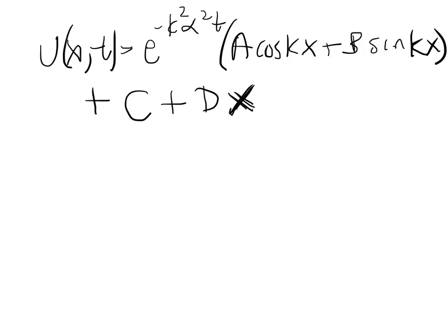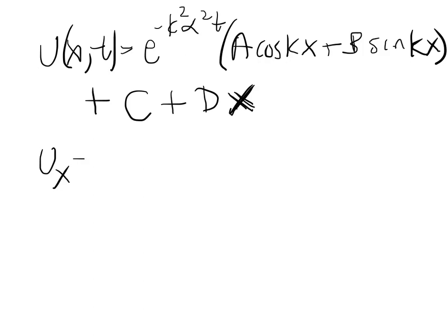Okay, and now we're going to try to figure out which of these constants we can do away with. And the way we do that is by applying our boundary conditions. So the first boundary condition was ux of 0 at time t, whatever, is equal to 0.